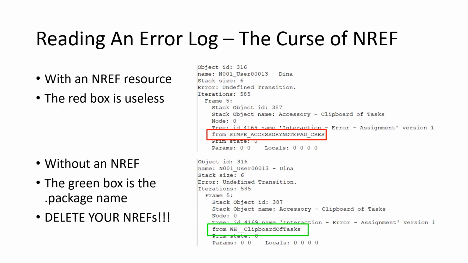Because they were all cloned from Flamingo, the object names are all Flamingo, and they've all got this standard SimPE generated nref, and you have no idea where they came from. At least if you delete your nrefs, you will get the name of the package file that your error came from.